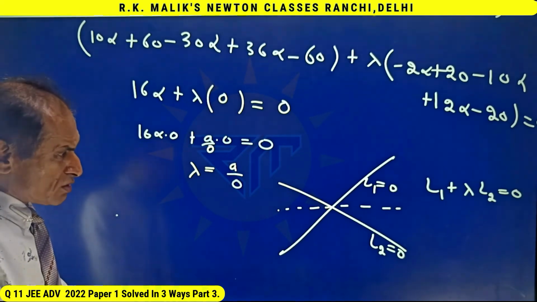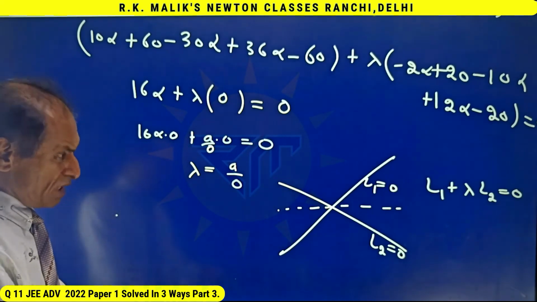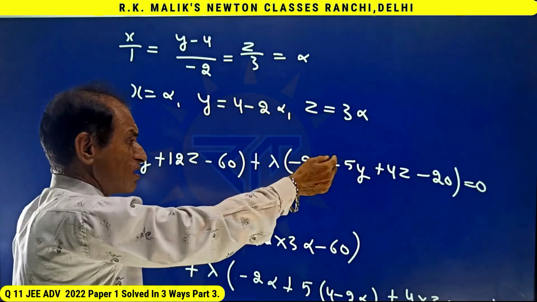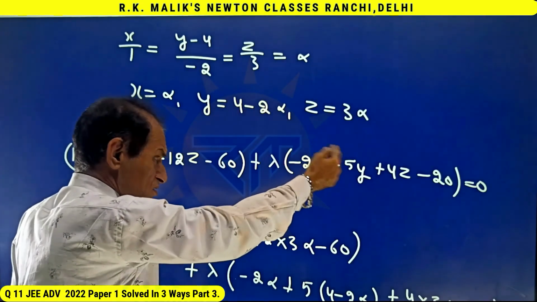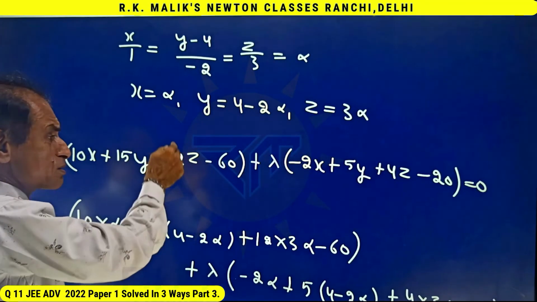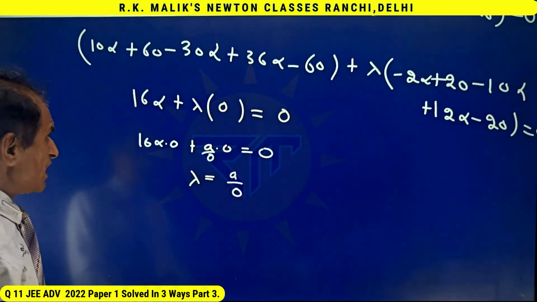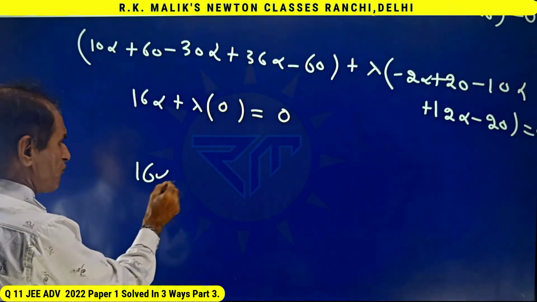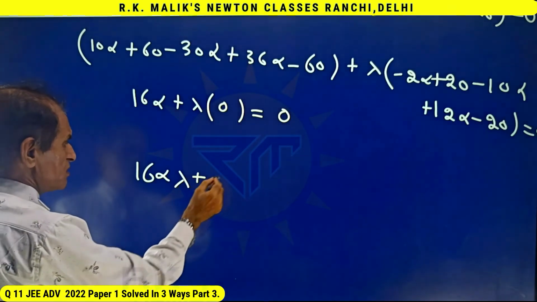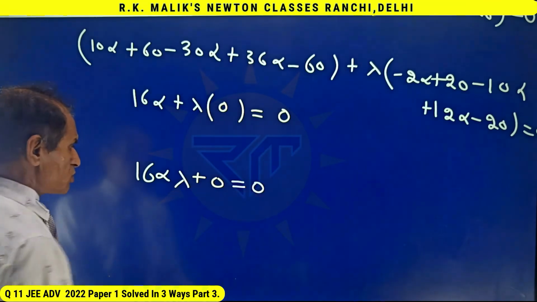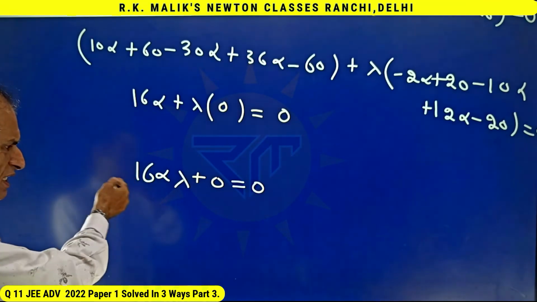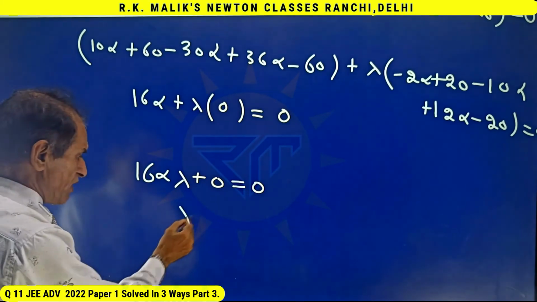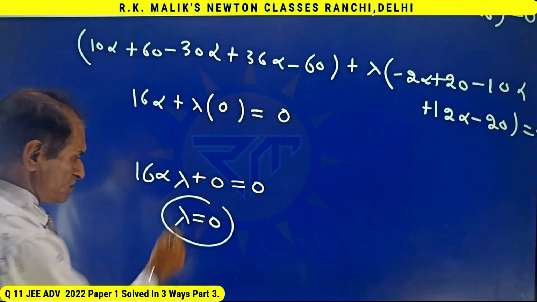Still, if you have not understood, I can speak the same thing in an easy language. Say if you had written this plane plus lambda times this plane, in that case you will reach at the position 16 alpha lambda plus 0 equal 0, and it will be true for every value of alpha if lambda is 0.